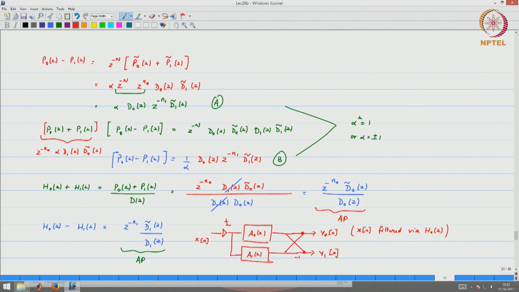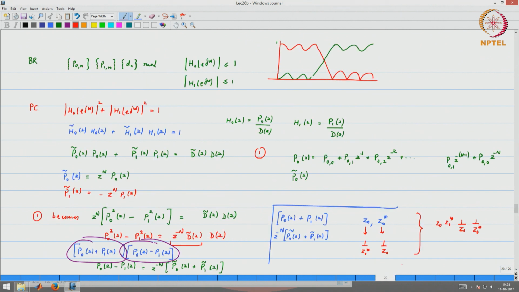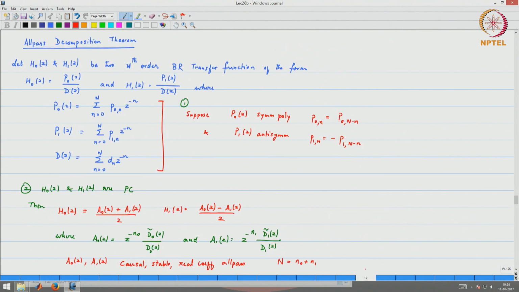So, what is it that we carry forward from here? If I enforce the symmetry, enforce the power complementary property, and with the appropriate order, then we can get the transfer functions H naught and H1 to be a sum and difference of all pass functions.